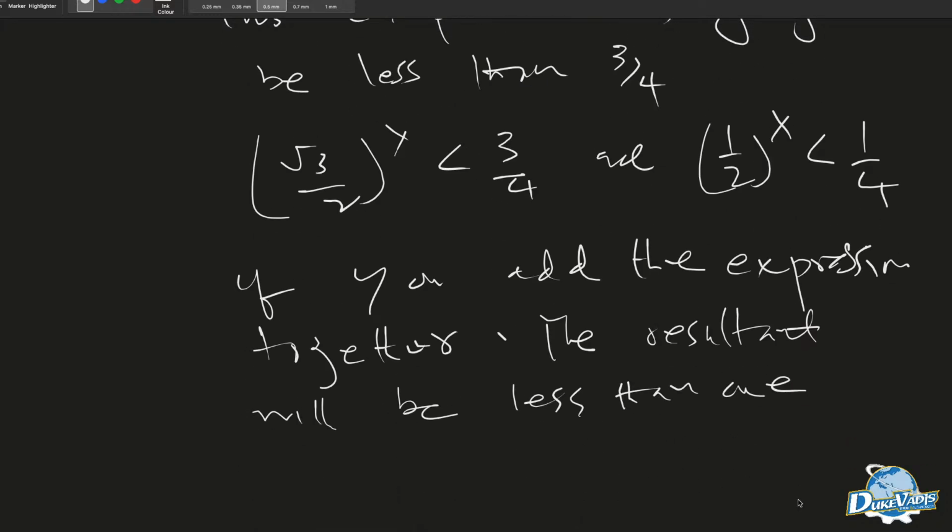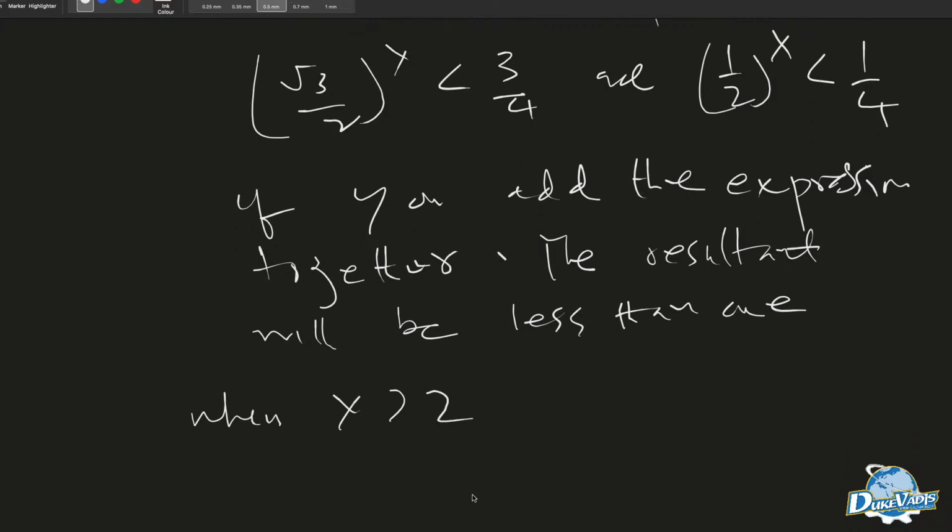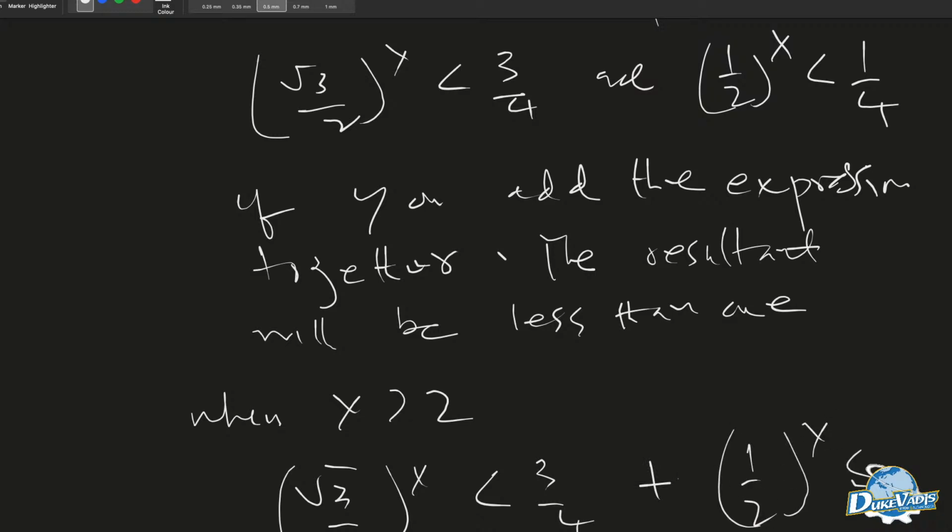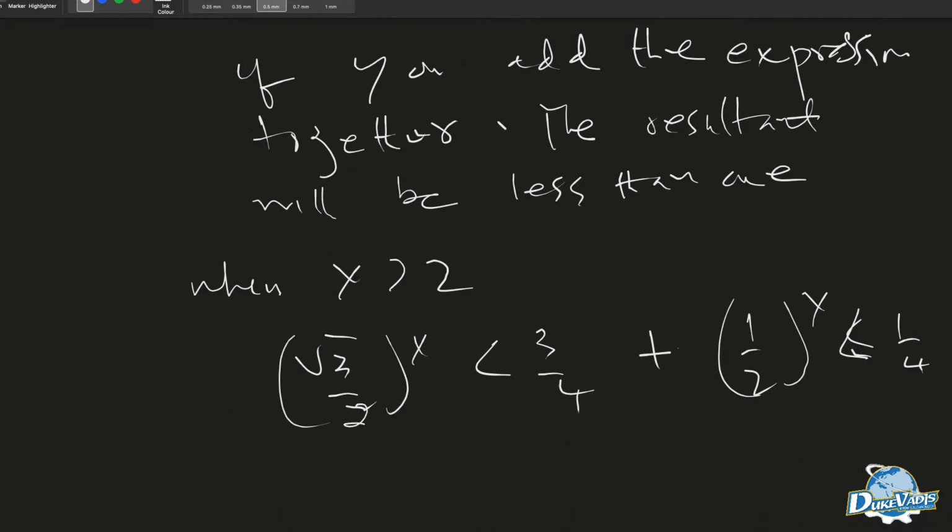You know that. Now let's look at it this way. Even when x is greater than 2, so our root 3 over 2 raised to the power x is also less than 3 over 4, plus half raised to the power x less than 1 over 4.